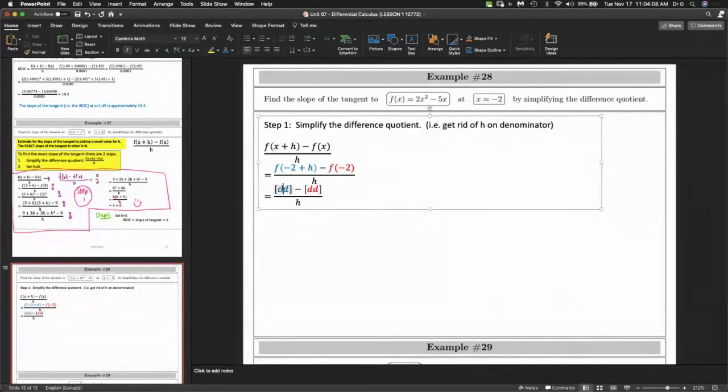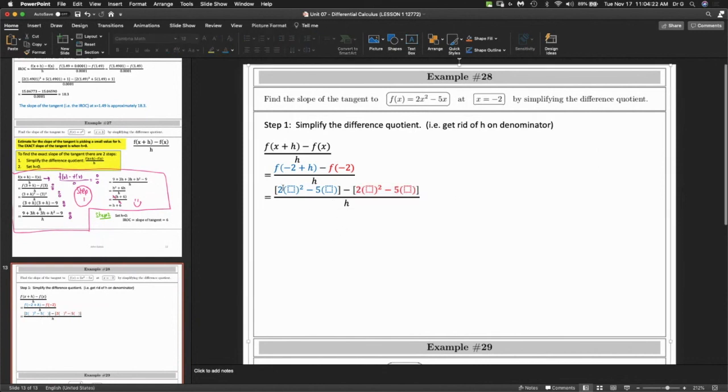Okay, anyway, so over here, we're going to get 2 bracket something squared minus 5 brackets. And again here, 2 brackets something squared minus 5 brackets. Where am I getting this 2, 5 brackets business? Because the function f of x is equal to 2x squared minus 5x.